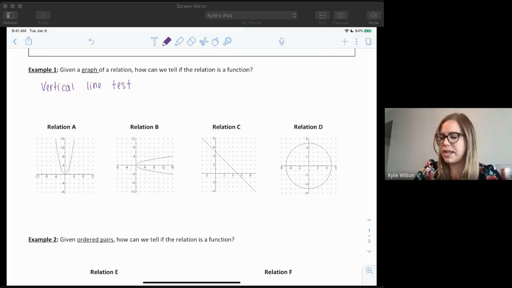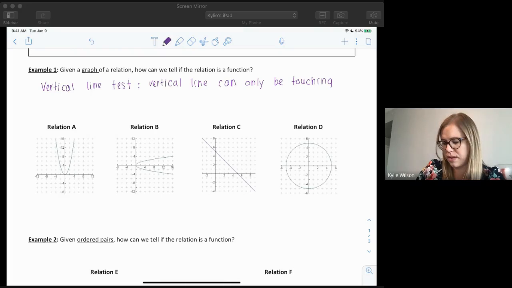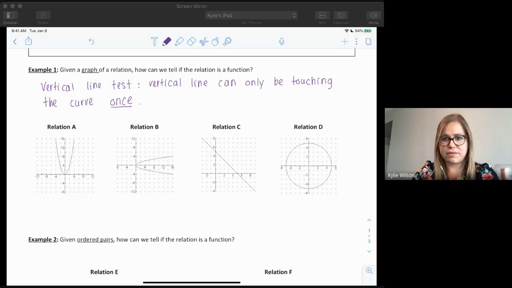And basically what that means is I'm going to put a vertical line through my function, and the vertical line can only be touching the curve once at any point. So as long as the curve is only touching my function once, then it's a function.